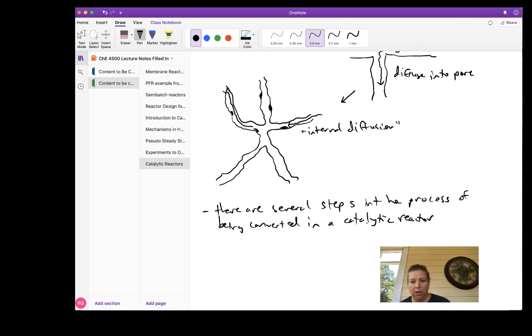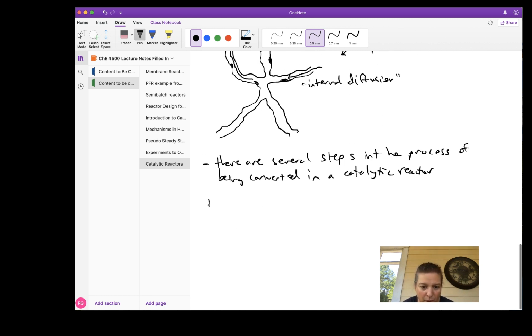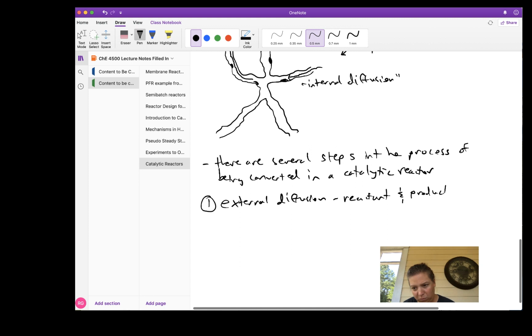So those are, one, external diffusion: reactant and product molecules through the boundary layer.